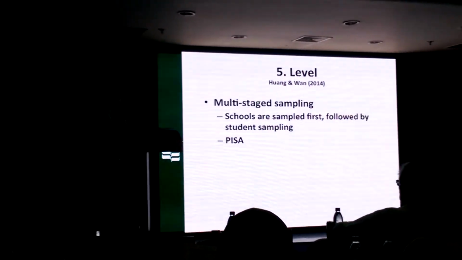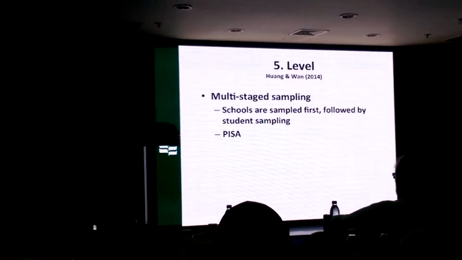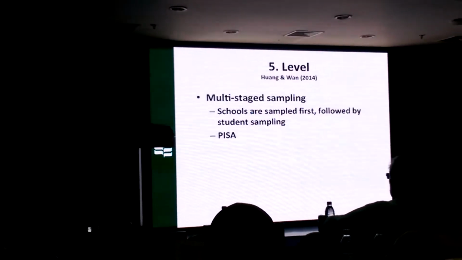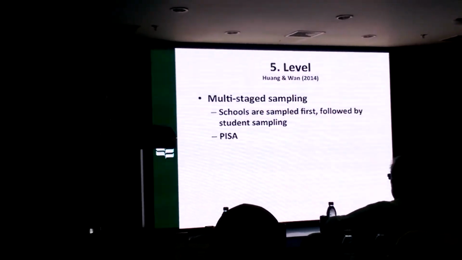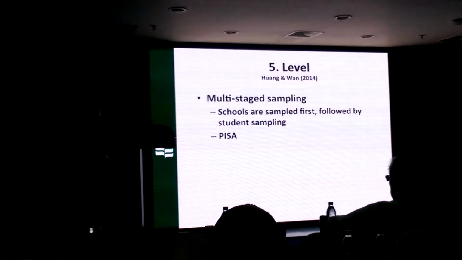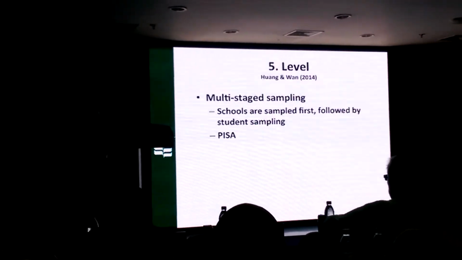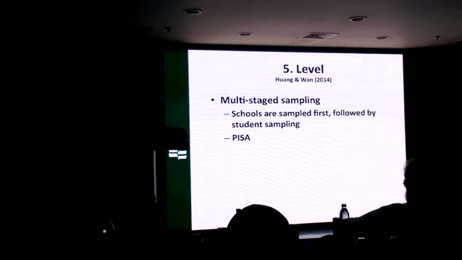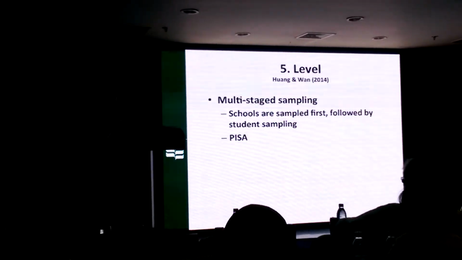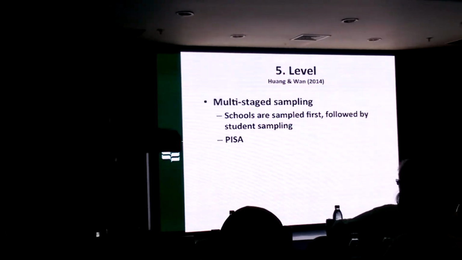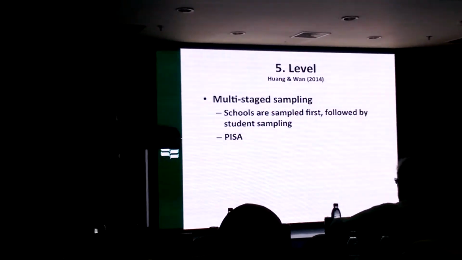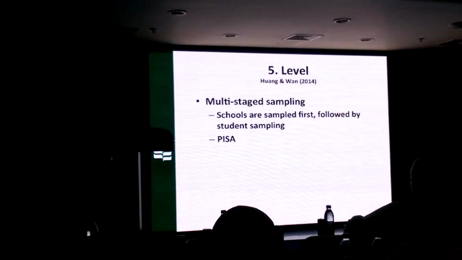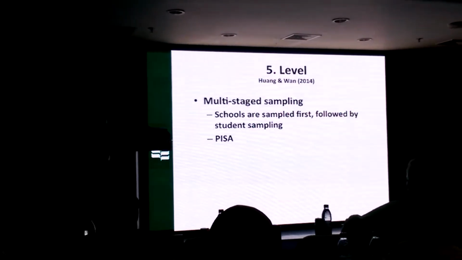And number 5, level. In PISA, as we all know, in the PISA survey, first of all, we surveyed a set of schools, like 150 schools, and within each school, we surveyed a few students, for example, 40 students. So this kind of multi-stage sampling creates a very unique problem that we need to face. That is, the data have different levels.